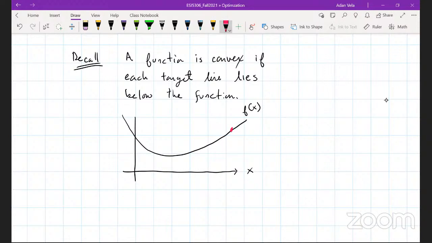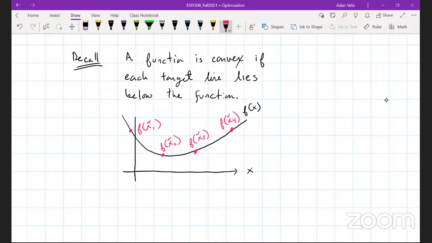So maybe here we take a tangent point here, here, and here. We can even name these. So this will be f of x1 tilde. So that's the first tangent point. And then we can talk about the value at the second tangent point and the value at the third tangent point and fourth.